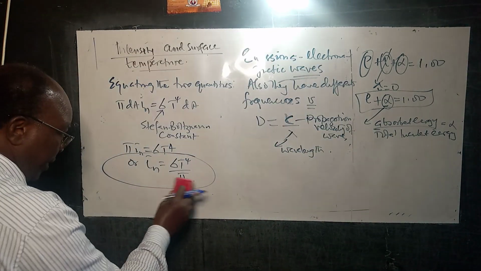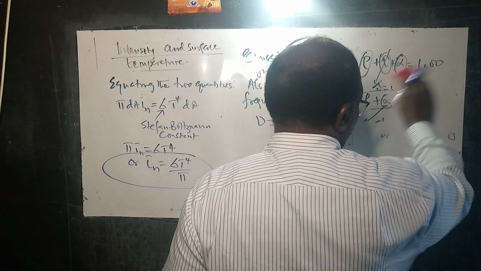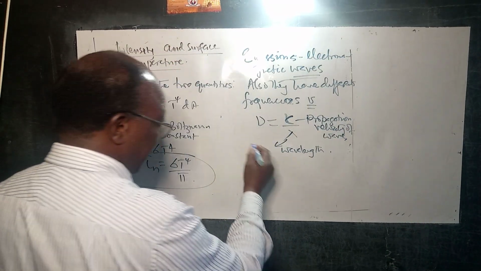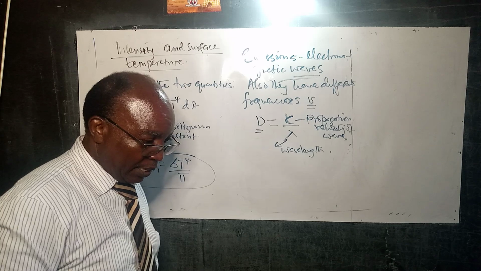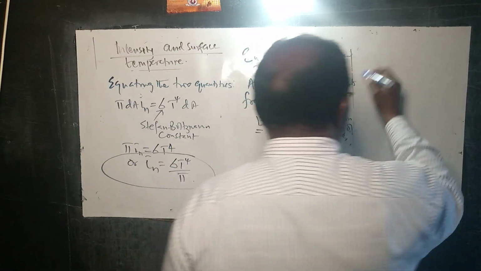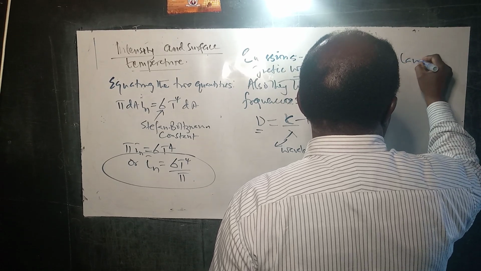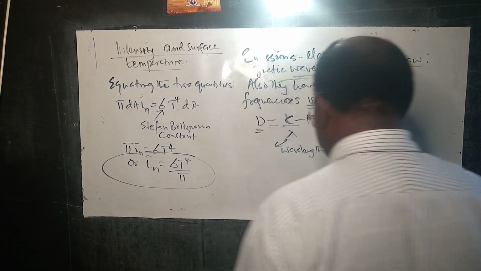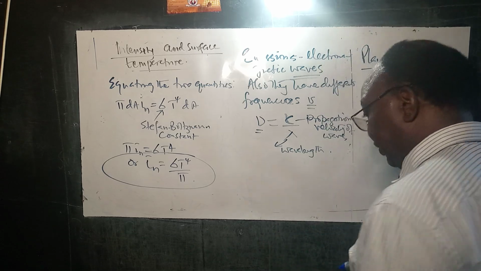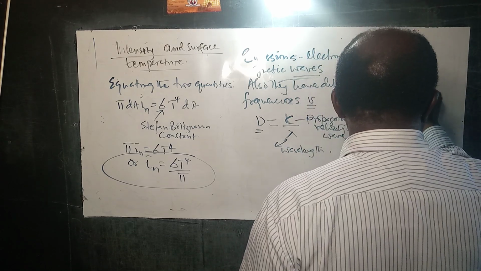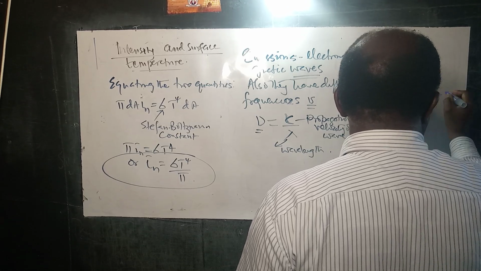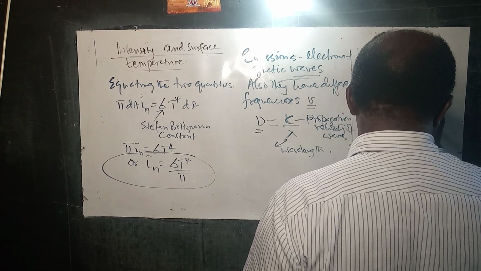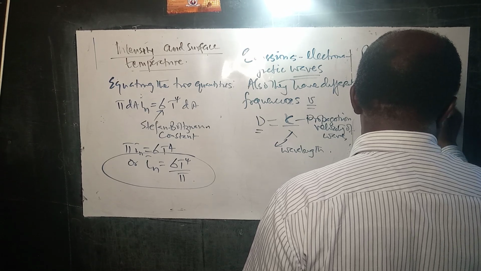And this is captured in Planck's law, where we have the relationship between these energies such that the wavelength has a relationship to the surface temperature, with the term e to the C2 over lambda T minus 1.